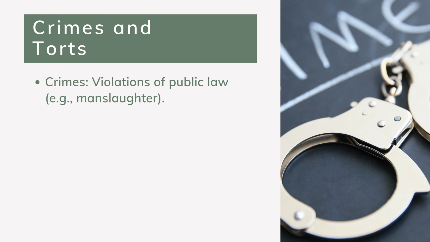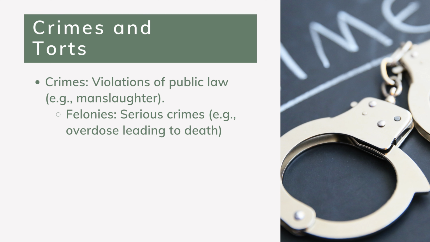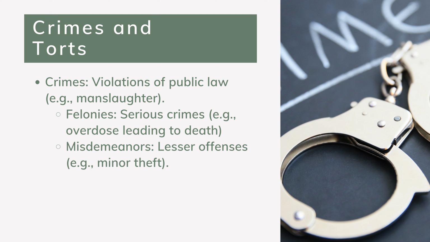For example, if a nurse unintentionally administers a lethal overdose of a narcotic, it could be considered manslaughter. Crimes are categorized into felonies or serious crimes like second-degree murder, and misdemeanors, lesser offenses such as minor theft or violations of workplace rules.